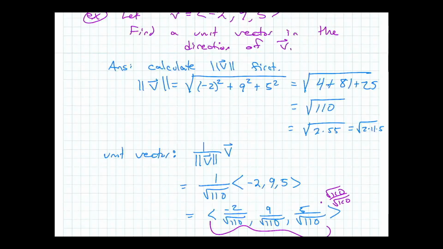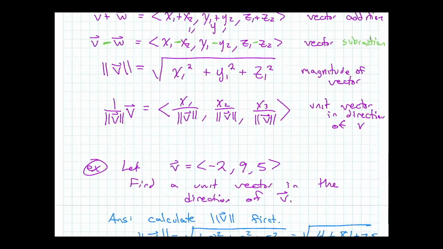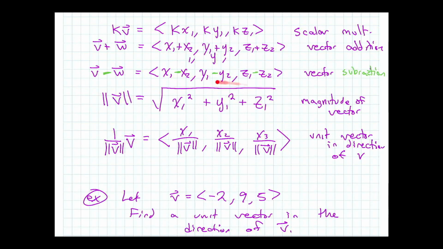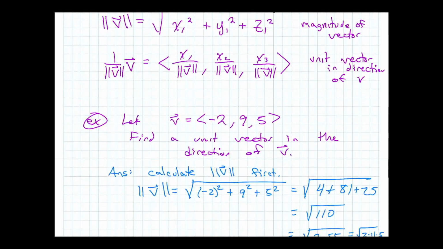Also, just a comment here. When you do this magnitude of a vector and then a unit vector in the direction of v, you're not allowed to divide by 0, right? So this is assuming that the magnitude of v is not 0, which only happens when you have the 0 vector. So this is assuming that v is not the 0 vector.